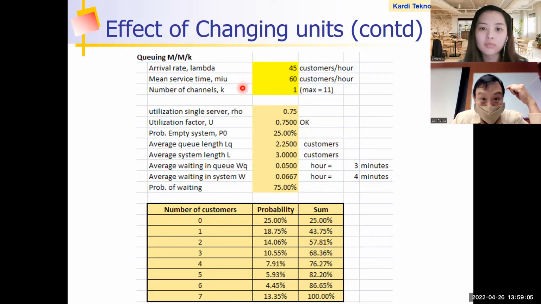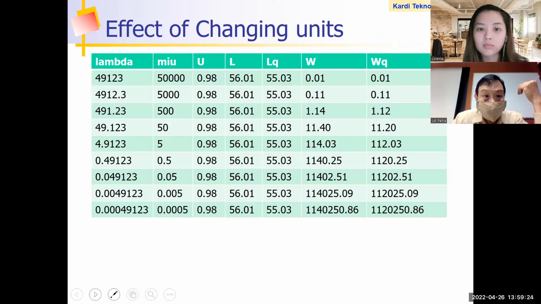And be careful also: this is the mean service rate mu, actually. 60 is customers per hour, not hours per customer. So just be careful and check the unit. That is the most important part.